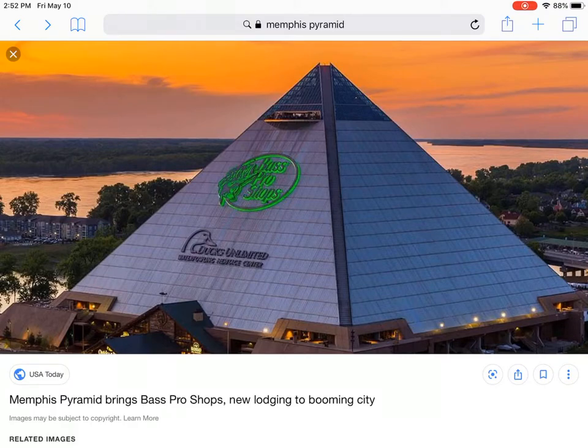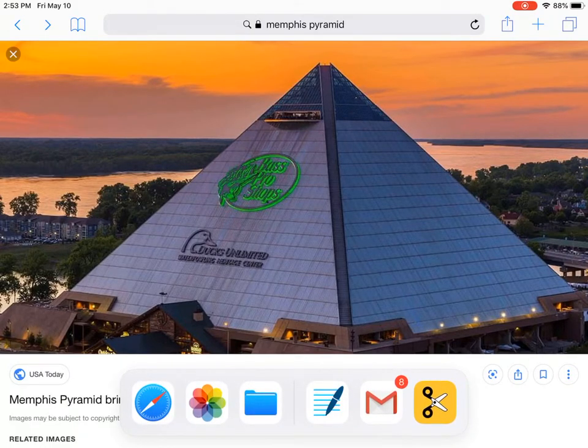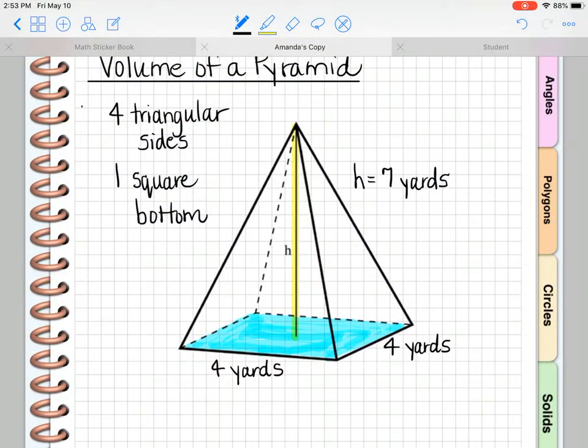And one of the things about this place that is so unique, I believe it's the world's tallest, maybe the country's tallest freestanding elevator. So if you go in that Bass Pro pyramid, the yellow line here is an elevator that you can get on and ride to the top of the pyramid. Personally, I hated that.